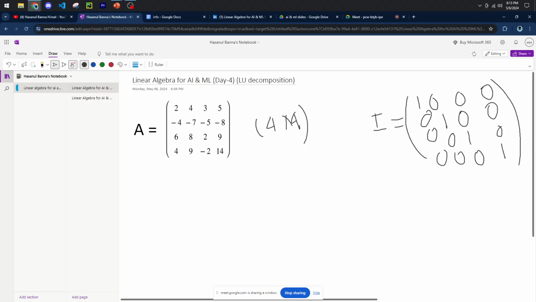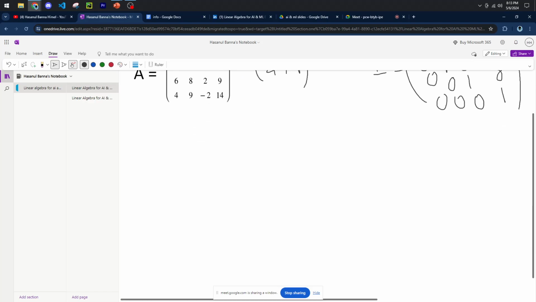This will be the identity matrix for this part of decomposition. Now in the next line we will multiply our identity matrix with our given matrix.